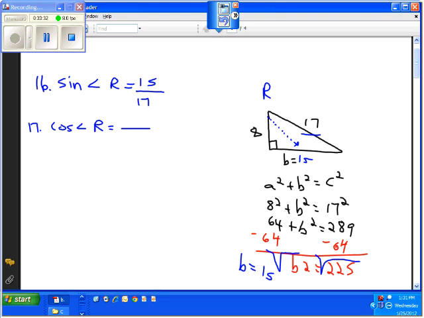Cosine angle R, the cosine is equal to the length of the leg adjacent to angle R, 8 over the hypotenuse 17. The tangent of angle R is equal to the length of the leg opposite angle R, 15, over the length of the leg adjacent 8.